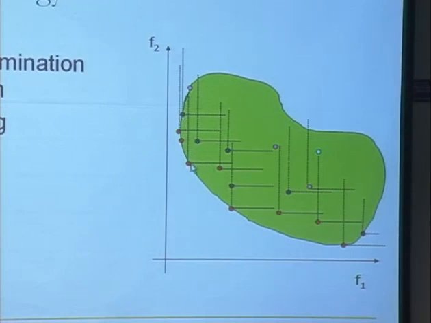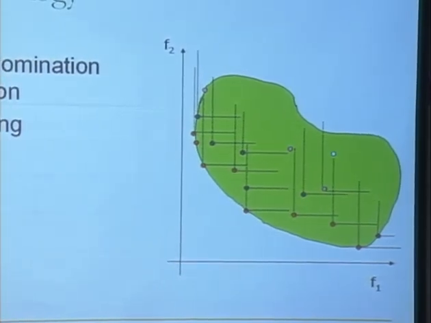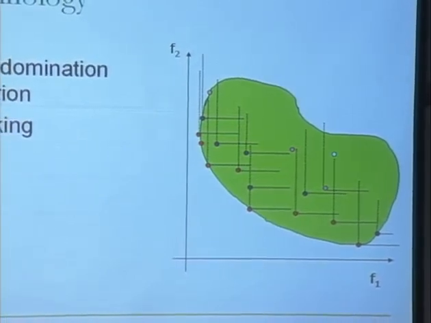However, if I compare this solution with this red solution, then this is dominated. So in this case, this solution is not a non-dominated solution, because there exists a solution which dominates it. However, if I consider any of the red points, I can see that there is no solution which dominates these red solutions. So, those solutions will fall in the category of non-dominated solutions.